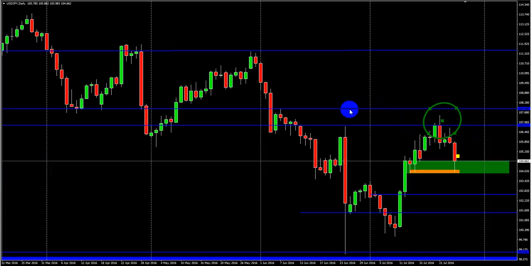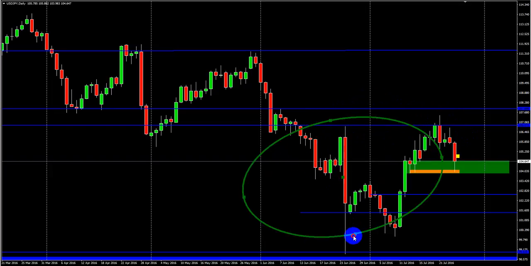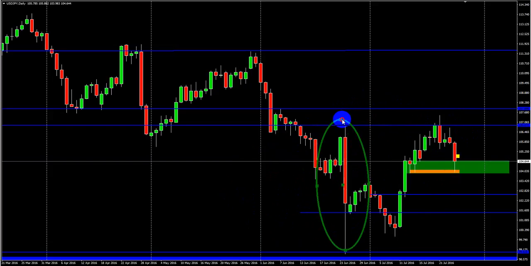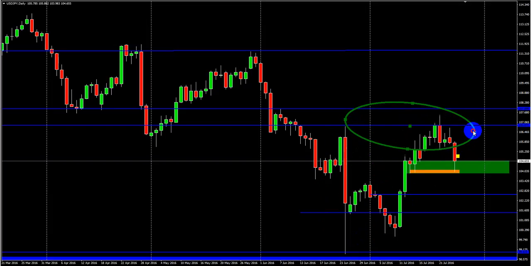It looks a bit different here on daily, because what I would like to show you is this supply down here. Okay, so this supply, and during this rally back the bulls were able to take out this supply, as you may see here, right? So we were able to take out this supply.